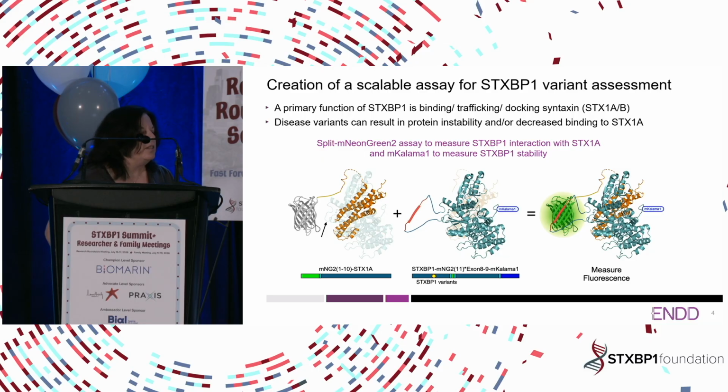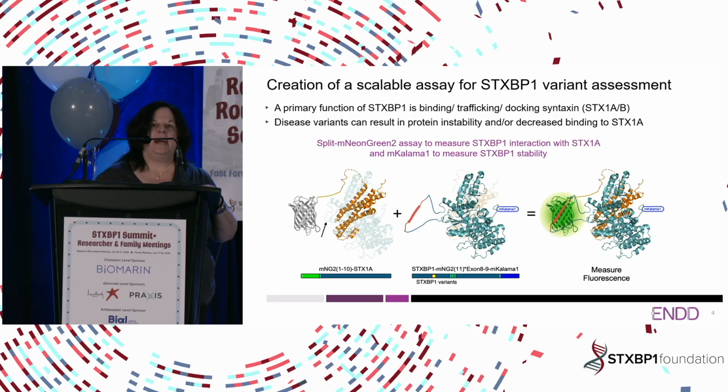Taking this in mind, looking at the crystal structure of syntaxin with STXBP1, at the far left we have highlighted syntaxin, and I have an arrow, I don't know if you can see it too well, at the STXBP1 that is in the background. Where I have the arrow is a loop of STXBP1 that is in close proximity to the N-terminus of syntaxin.